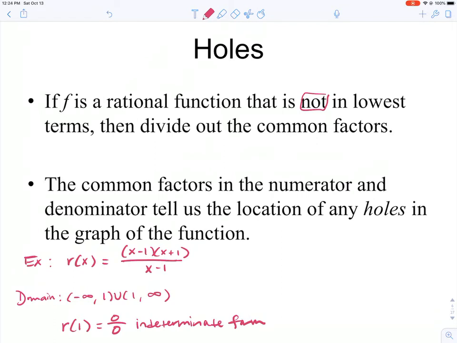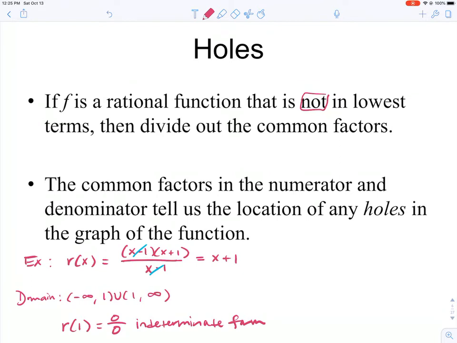And you'll talk more about indeterminate forms next year in calculus. But when we end up with 0 over 0, that tells us, if we're evaluating a rational function at a specific value and you end up with 0 over 0, that there is a common factor in the numerator and denominator that's causing that 0 over 0. So in this case, that would be the factor x minus 1, right? x minus 1 divided by x minus 1 will cancel, leaving us with x plus 1.